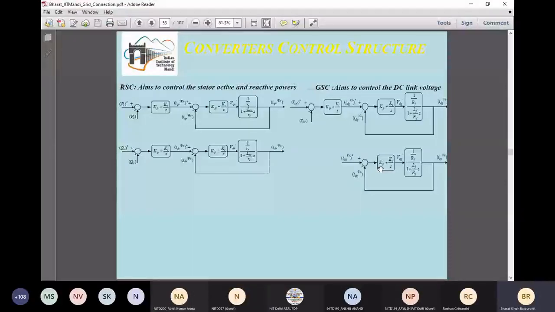In the upper figure you can see a DC link reference voltage is there, and the actual DC link voltage is measured, and this error is processed through the PI controller, and then the power electronic converter of this grid side converter, once again, a current reference is generated, and it is fed into the grid, so that the DC link voltage always remains at a reference set point. So this is how the DC link voltage remains constant and the rotor side converter is able to operate normally.